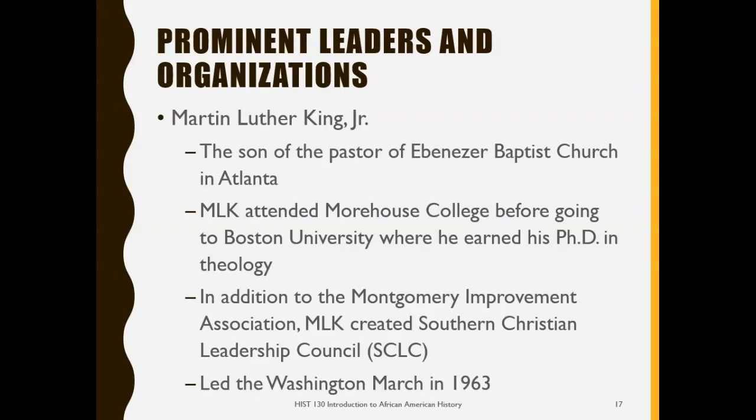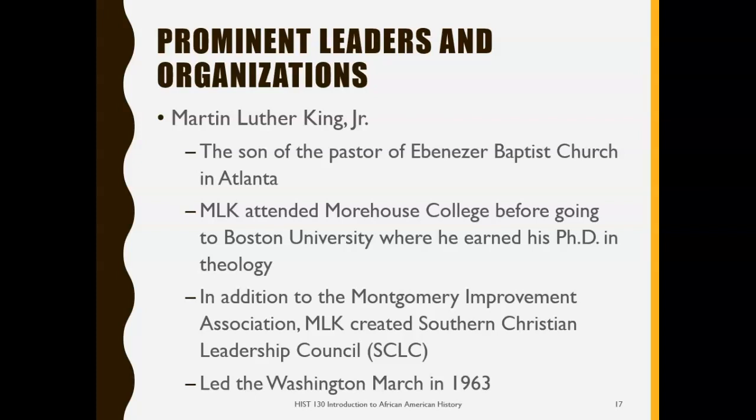He attended the College of Morehouse in Atlanta before attending Boston University, where he earned his PhD in theology. And then, after that, he moved to Alabama, to Montgomery, Alabama, to lead the church there.